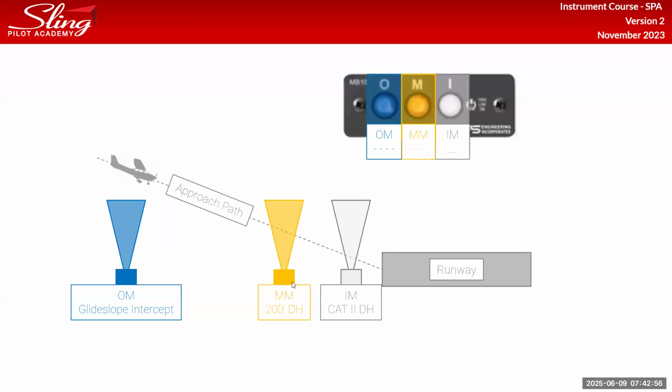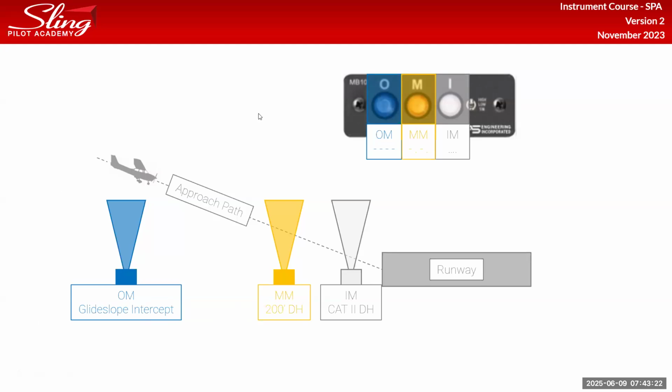When you get to the yellow, 200, this is glide slope intercept, 200 feet above decision height. And this is category 2 decision height, but anyway, we'll get into that later. When you fly over it, it'll light that light up and show where you are. So pretty handy, right? Unless that light bulb goes out and unless you don't factor that into your scan.